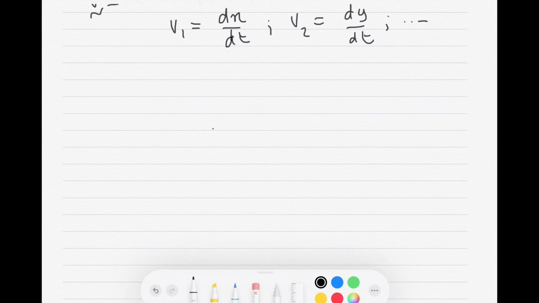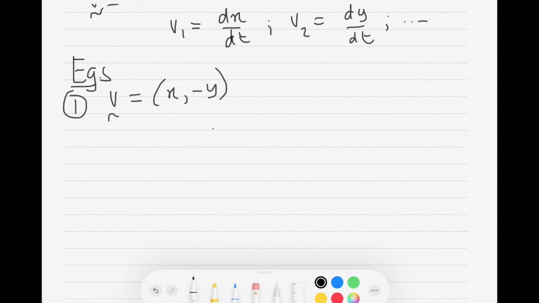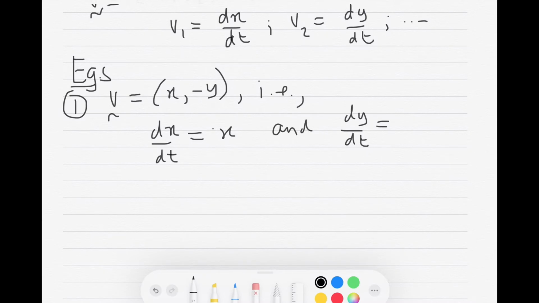Okay then. So let's do this by way of example. Suppose in the first example, and that's not a very interesting notation for an example, we are given that the vector field v has components x, minus y. So given what we have above, i.e. that dx dt is equal to x, and simultaneously dy dt is equal to minus y.